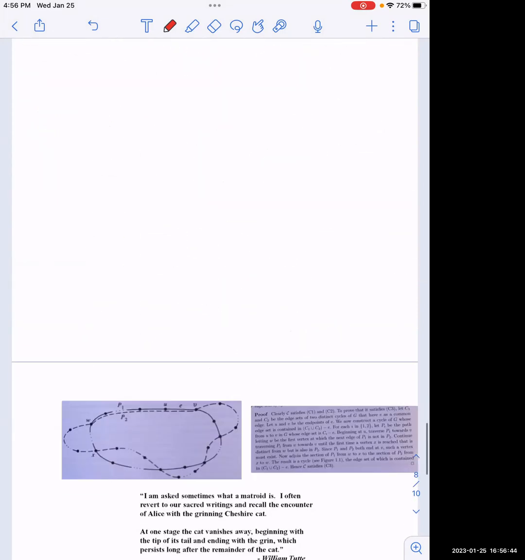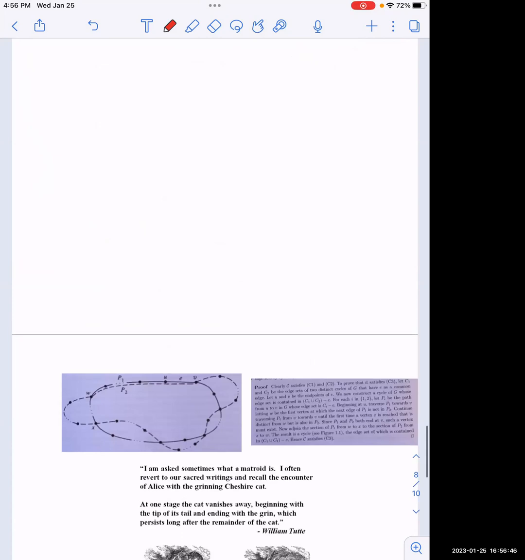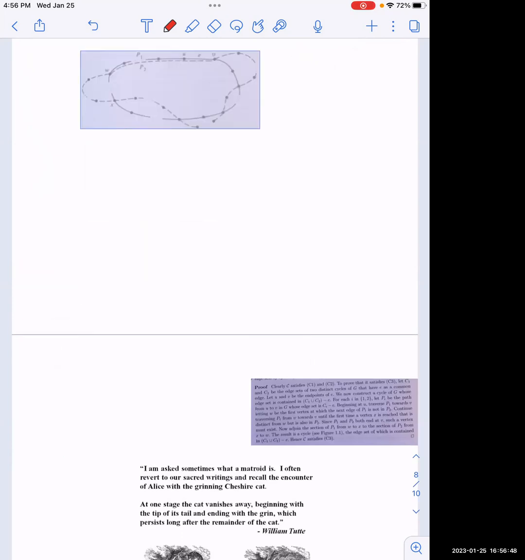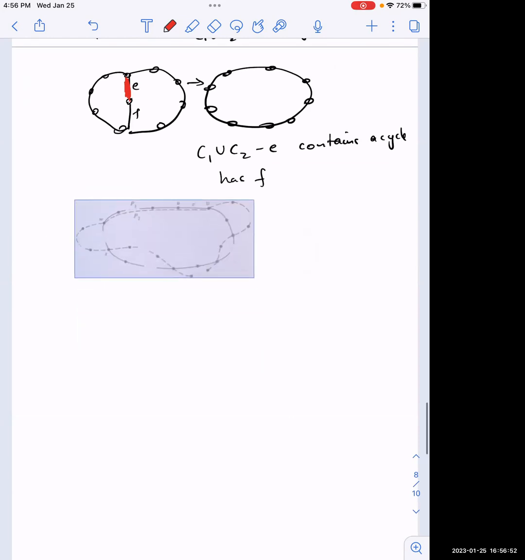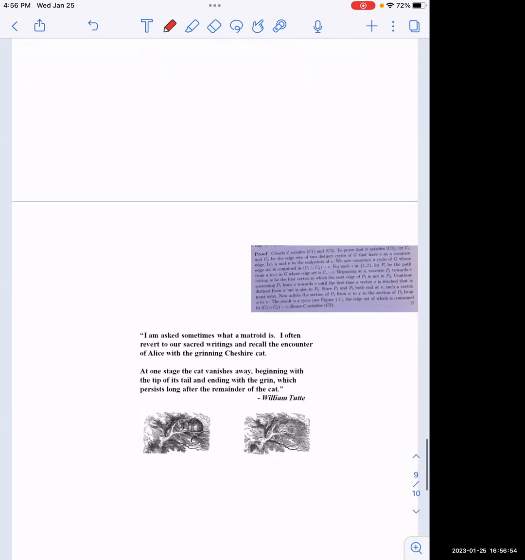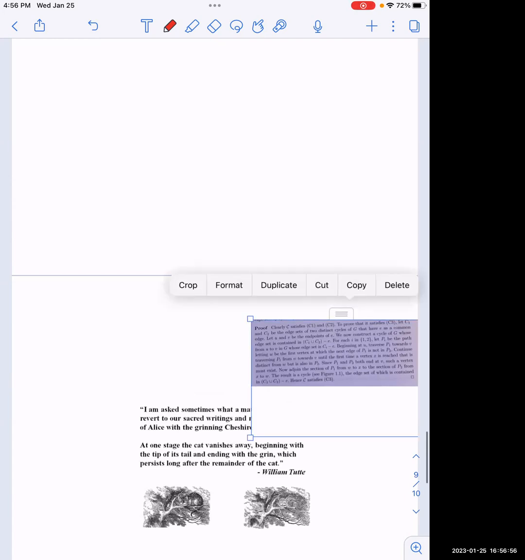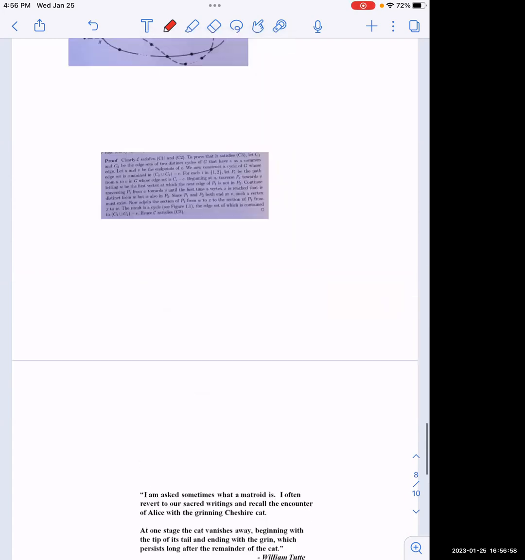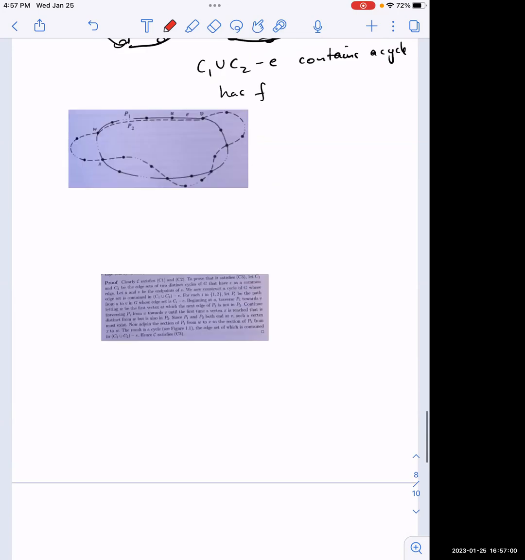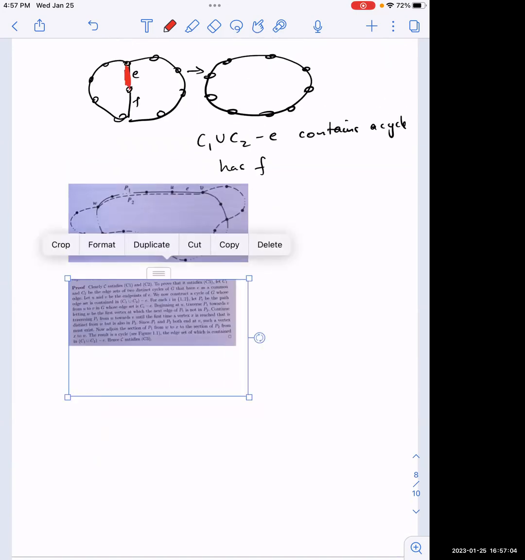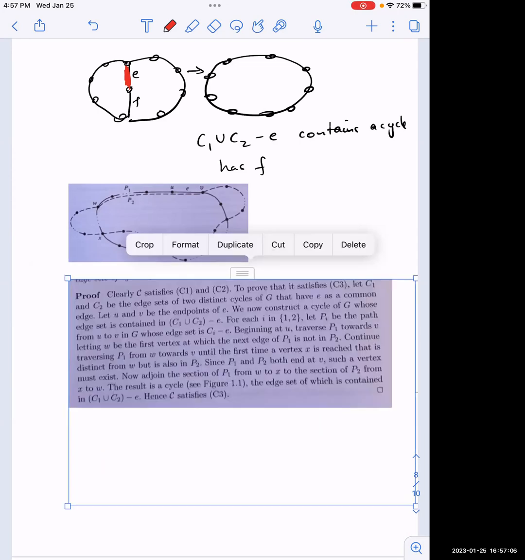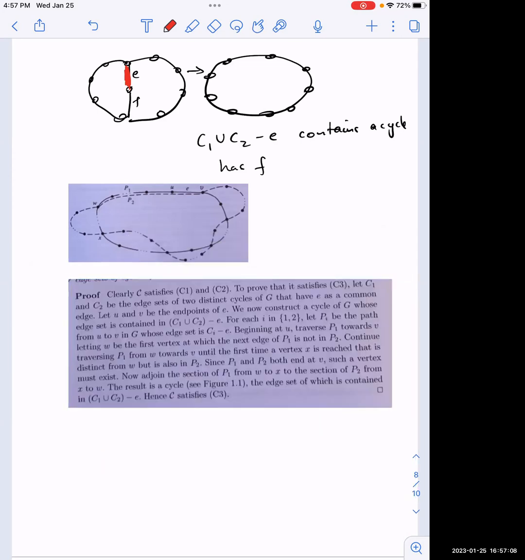And what's the proof like? The proof is pretty much like what I said, except in general terms. So that's the picture, and this just says in words what I said in the picture over there. It's just words.